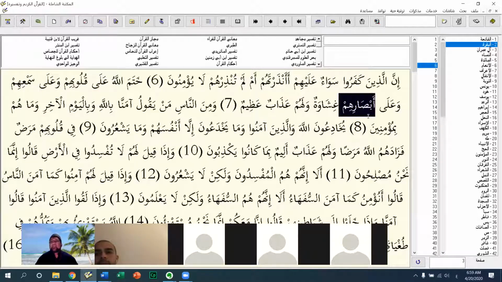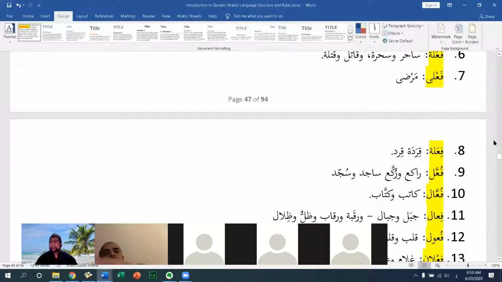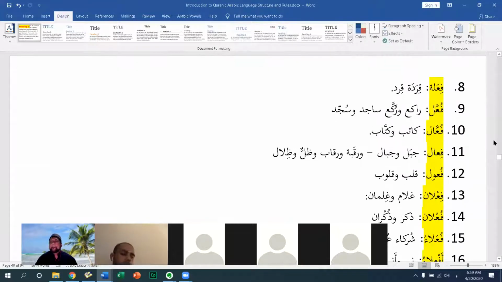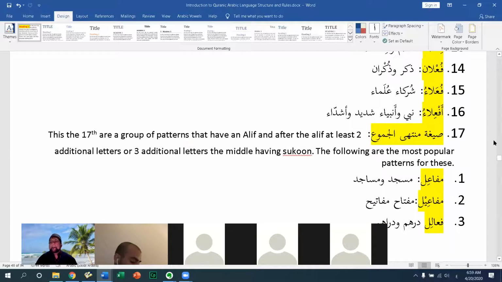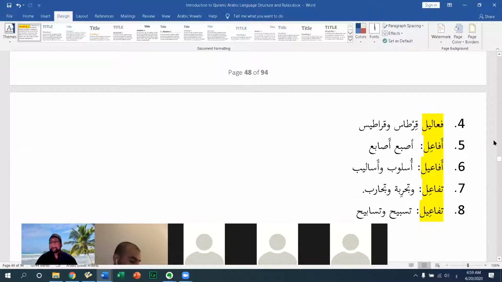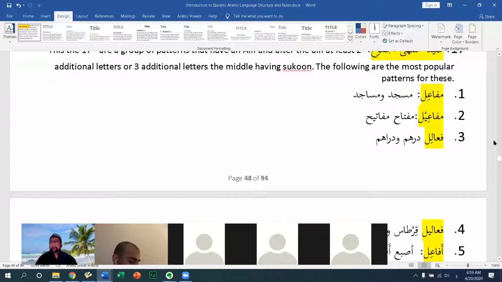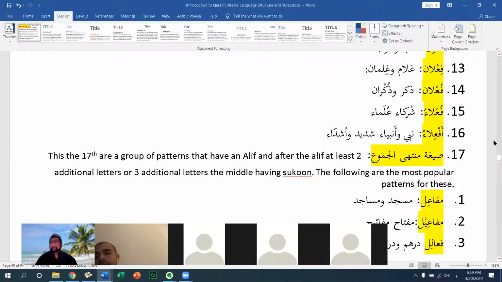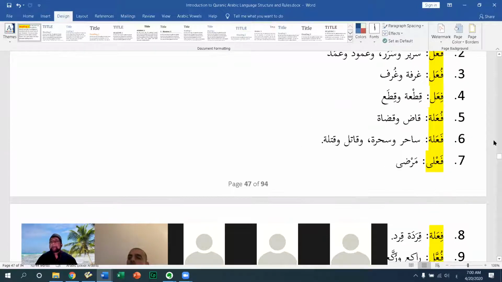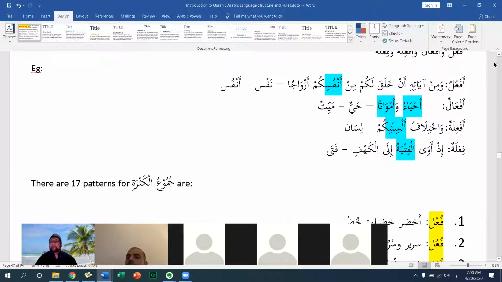Absar on the pattern of af'al, the singular is basarun. Basarun, vision. Absarun is plural. So that would be on the pattern of af'al. Af'alun, absarun. That's that pattern.